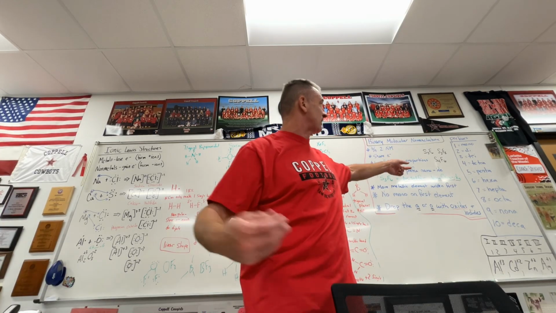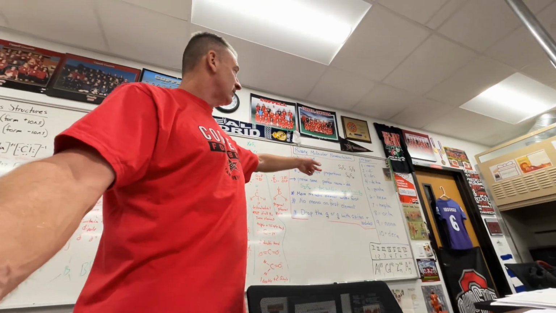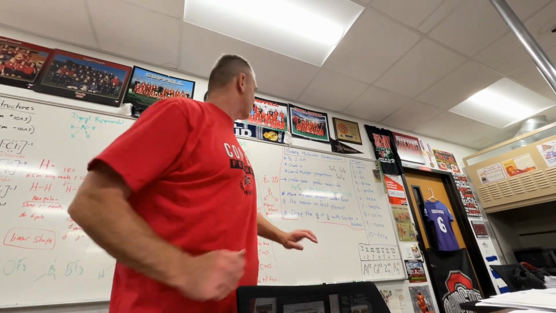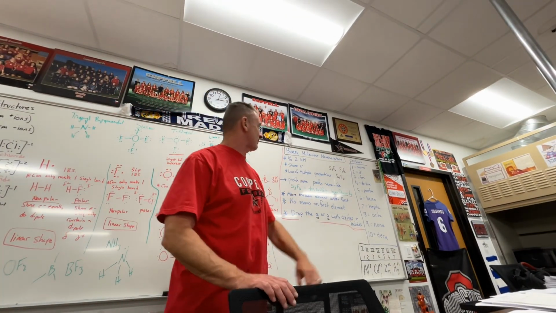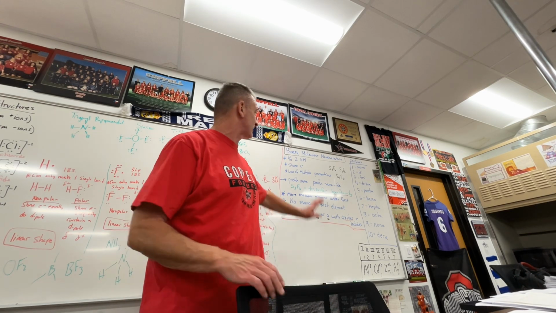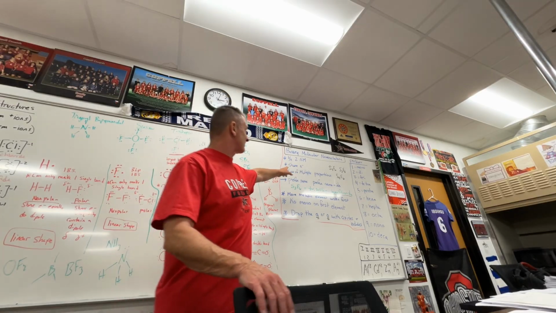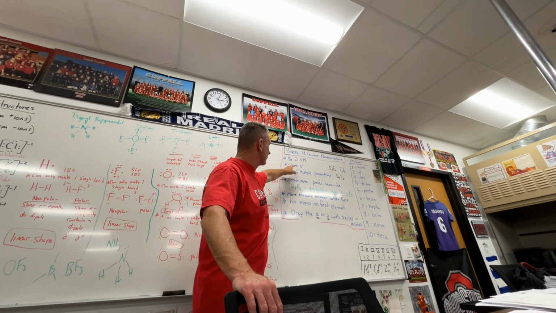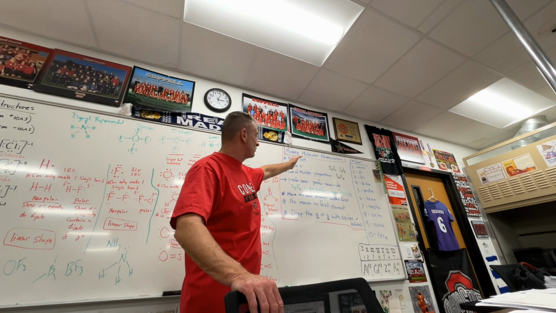Remember we use the prefixes, the mono, di, tri, all that. So it's prefix, name of the element, prefix, name of the element, change to -ide. All right, and the Roman numerals only go to ionics. And you do not use any prefixes on ionics. You only use prefixes on moleculars, and that's if you know it's a molecular because the one on the left is a nonmetal, so 2 nonmetals.